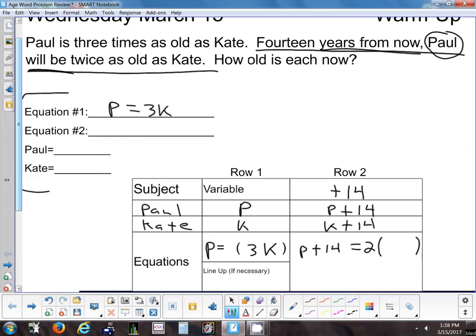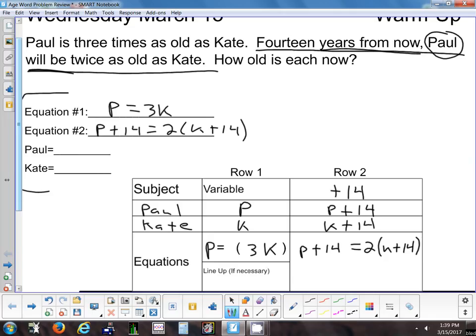And what goes in the parentheses? K plus 14. Okay, that is equation 2: P plus 14 equals 2 times (K plus 14). Okay, if you just get those 2 things, you get half credit. Now, if we can figure out Paul's and Kate's age, that's how we can get full credit.